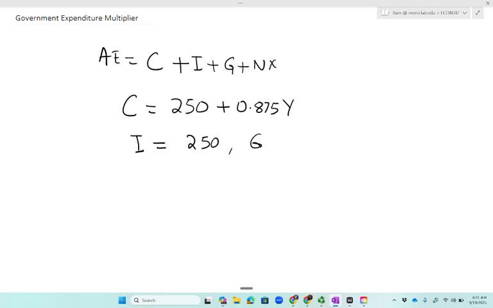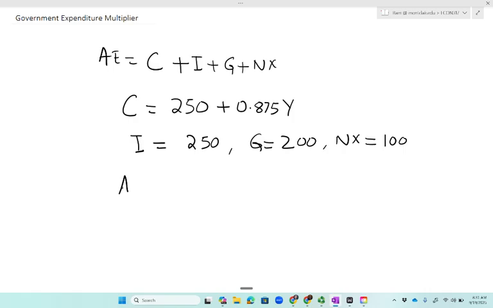We are given that the government expenditure is $200, and then the net exports. I am going to take the situation where exports exceed imports, so we have positive net exports, and let's have it at $100.